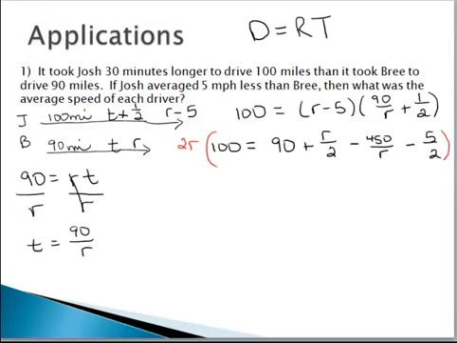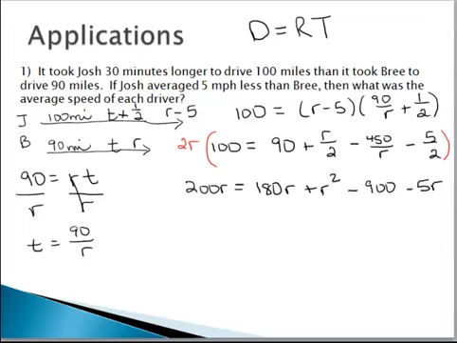If we do that, 2r times 100 is 200r. 2r times 90 is 180r. 2r times r over 2, the 2's cancel each other out, so you just have r squared. 2r times negative 450 over r, the r's cancel each other out, so you have negative 900. And then 2r times negative 5/2, the 2's cancel each other out, and you have r times negative 5.